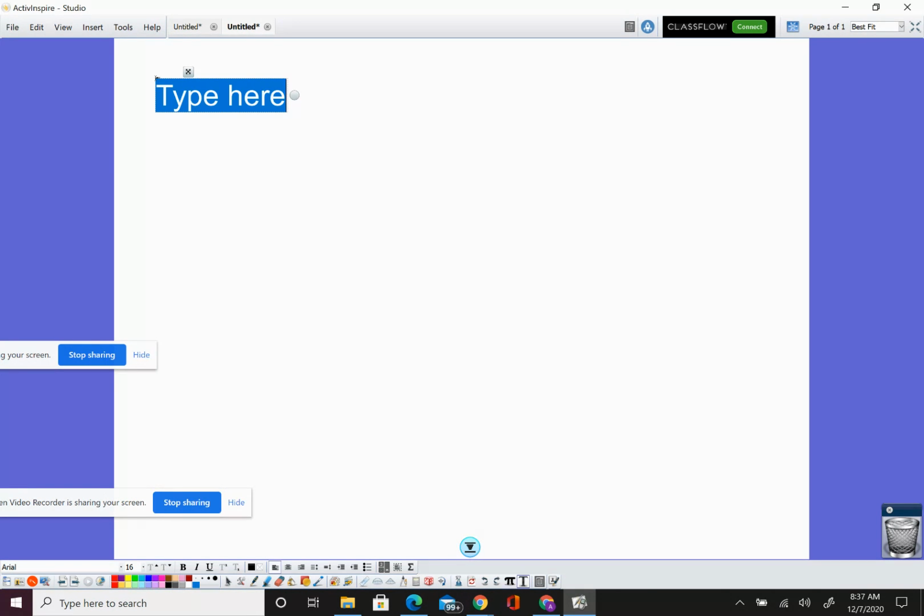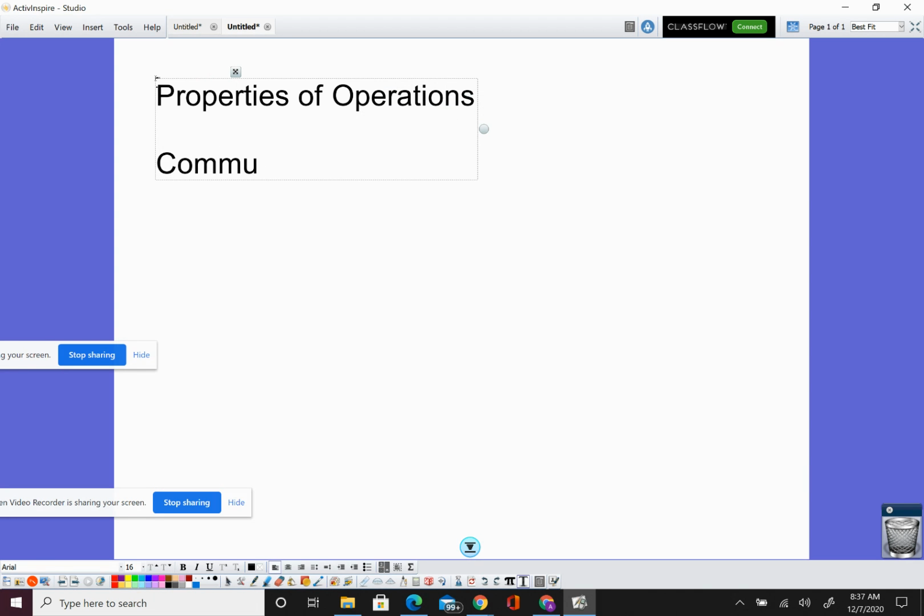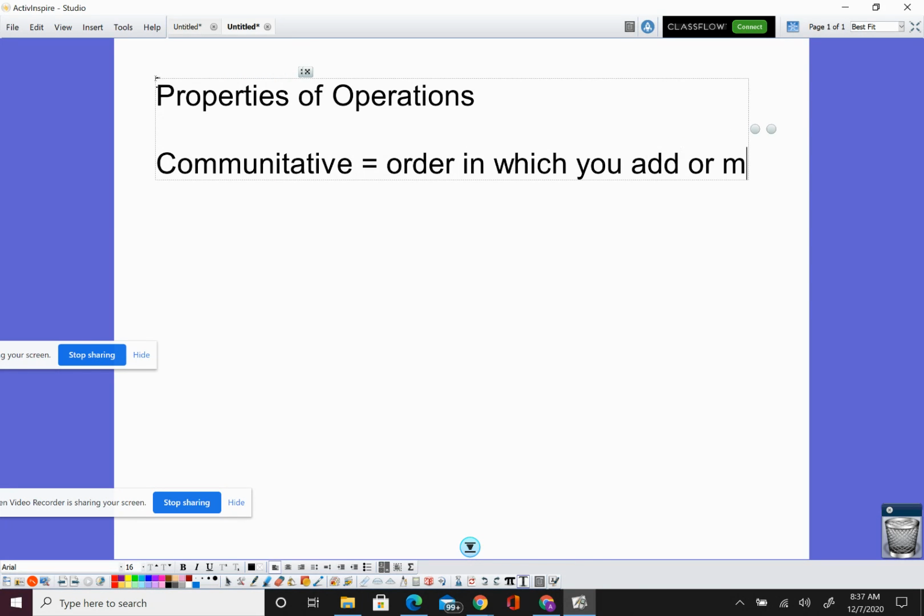What do you guys know about properties of operation? First property we're going to talk about is commutative. And commutative property just says the order in which you add or multiply doesn't matter.